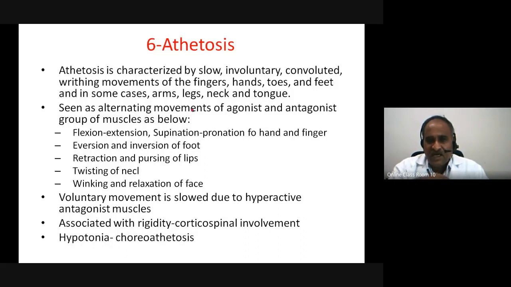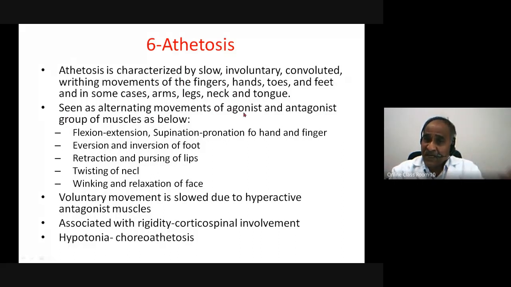They are not flail-like like ballismus. They are slow and continuous. It may happen in the arms, legs, toes and feet, even the tongue and fingers. It's just slow writhing motions.